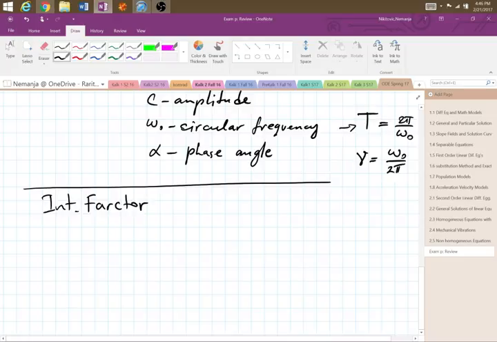So, integrating factor, there we go. I don't know, any of these equations are really nice.